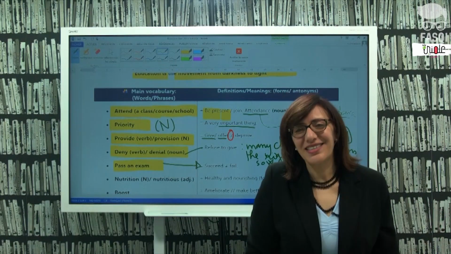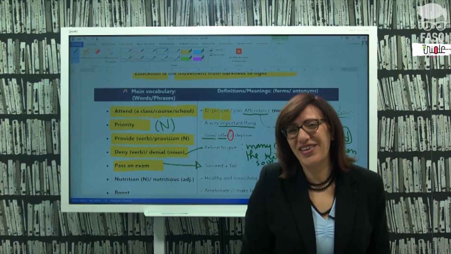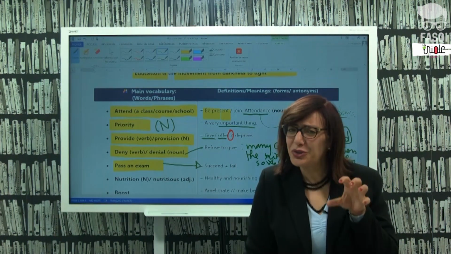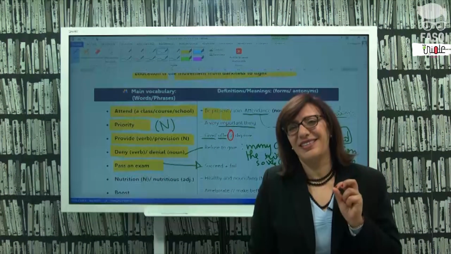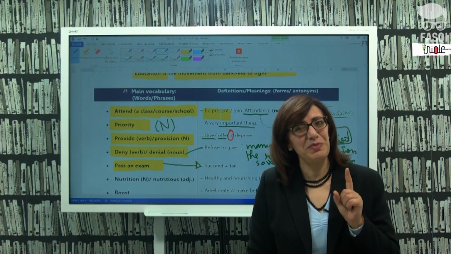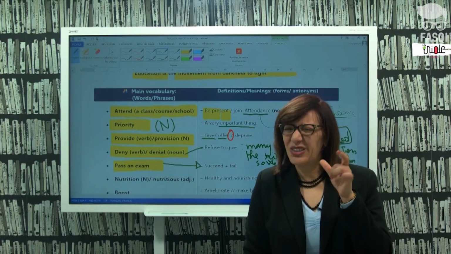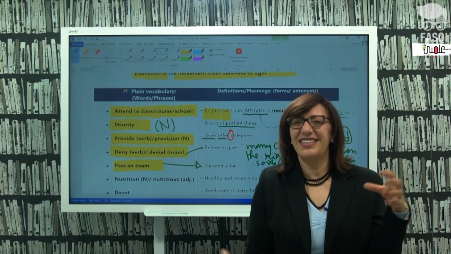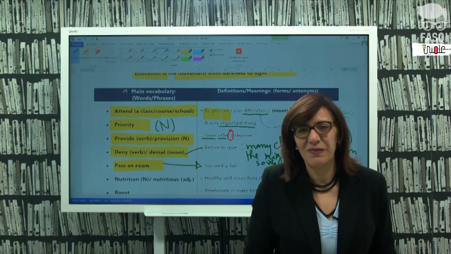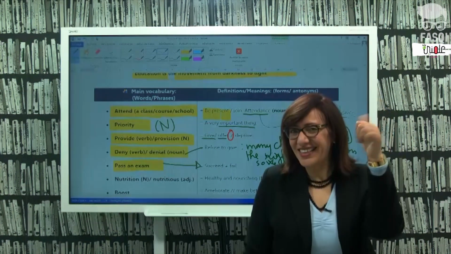So here, pass an exam means succeed, the opposite of fail. The other one means to sit for an exam, to take an exam, to have an exam, to answer the exam, to be assessed for the exam. So please, dear pupils, watch out for that special word that you confuse. So here, pass an exam, succeed, you got it, nice, right, good.